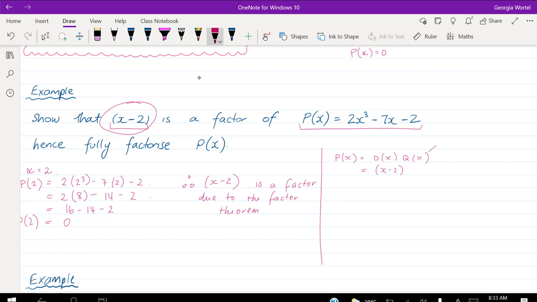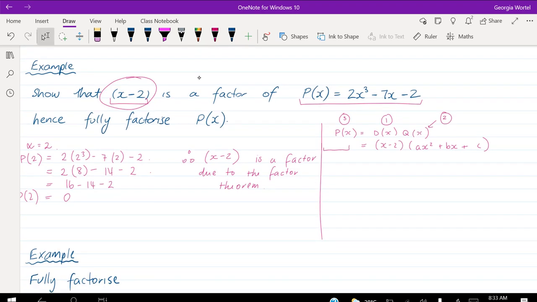Just like the other day, our original polynomial is a cubic. This is a linear. This one must be a quadratic in order for the first one to be a cubic. So again, ax squared plus bx plus c. We chuck in our polynomial over this side. I haven't left enough room to do that.